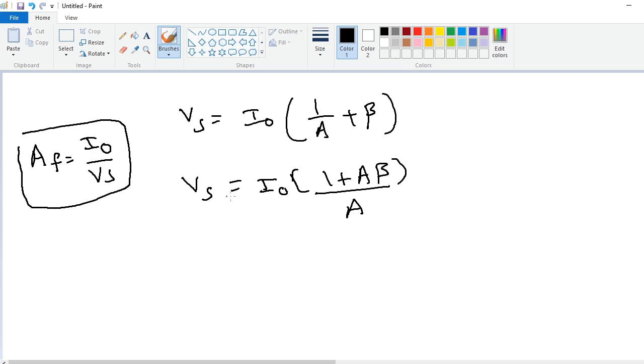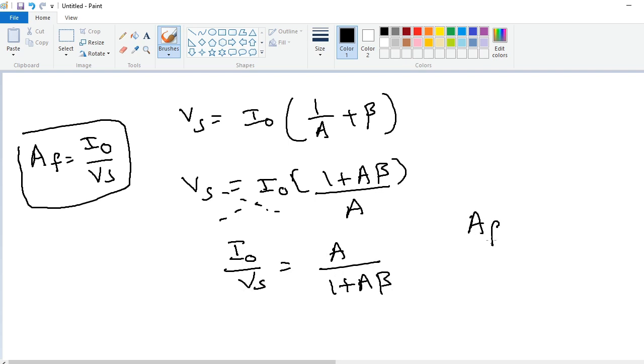Simple cross multiplication: I naught by Vs is equal to A divided by 1 plus A beta. So I naught by Vs is nothing but amplifier voltage gain. AF is equal to A divided by 1 plus A beta. This is the gain of a current series feedback amplifier.